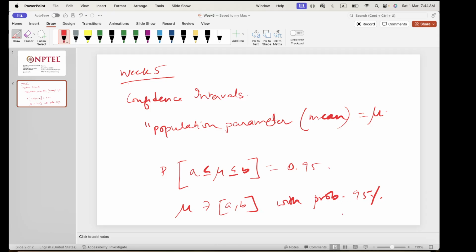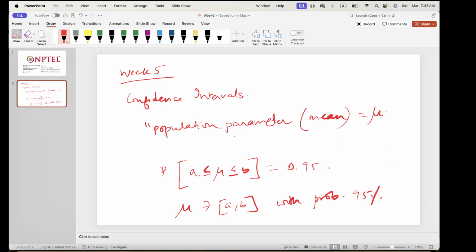So this falls under the purview of interval estimation. And why do we do that? Instead of giving a single point estimate, we provide a range, and not only that, we also say how confident we are with the range that we provide.